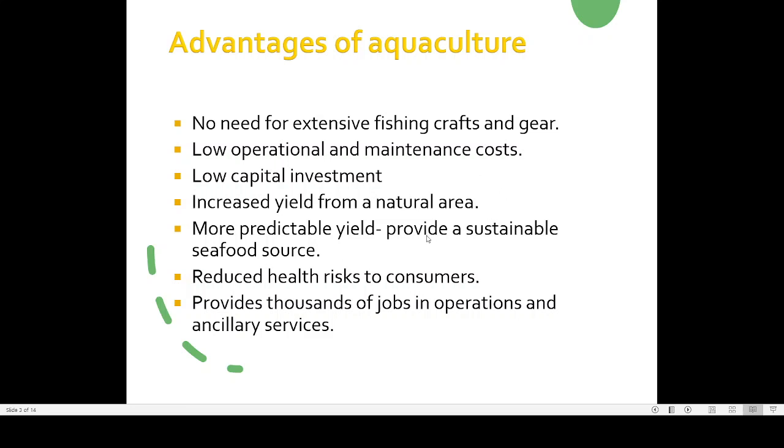Then more predictable yield and a sustainable seafood source. More predictable means, in the case of our own aquaculture tank, we started it last month. So I can calculate that after the next 6 months, the fish will reach maximum growth size and can be sold. So I can give an assurance to people in the hotel industry or some other catering industry that in June I will be able to give you 100 kilograms of fish.